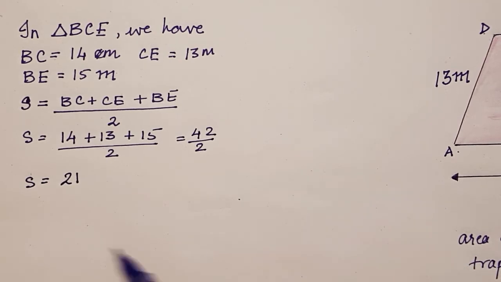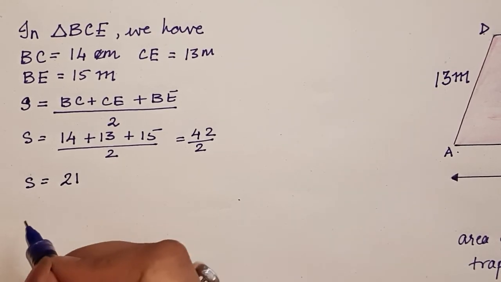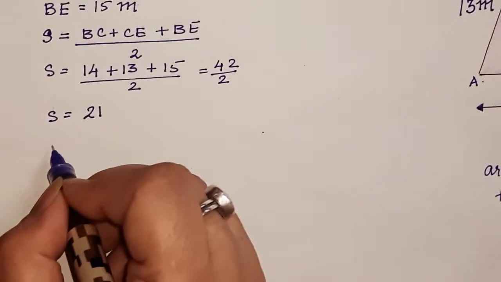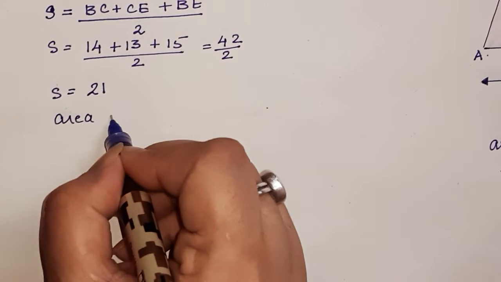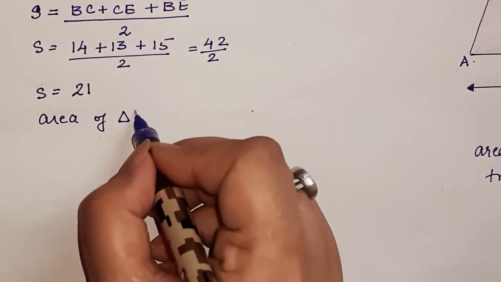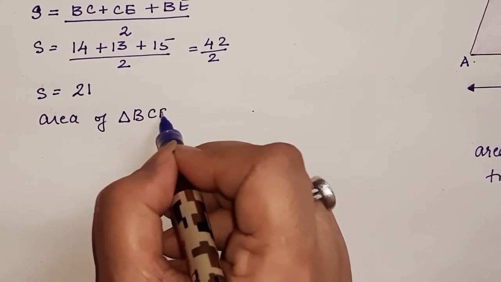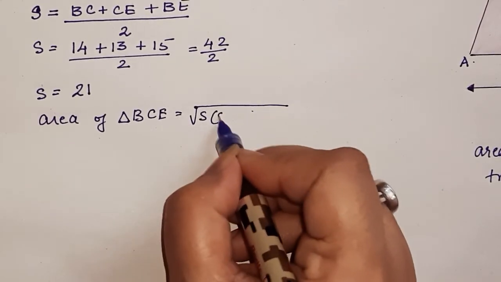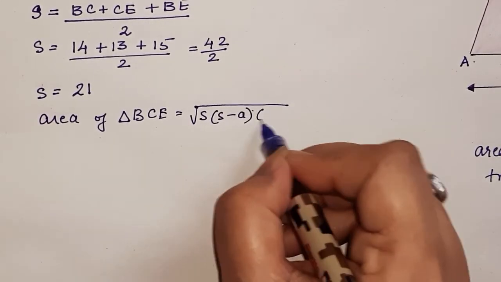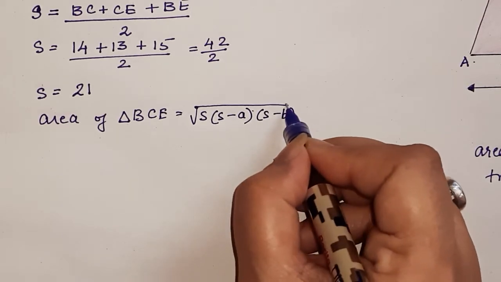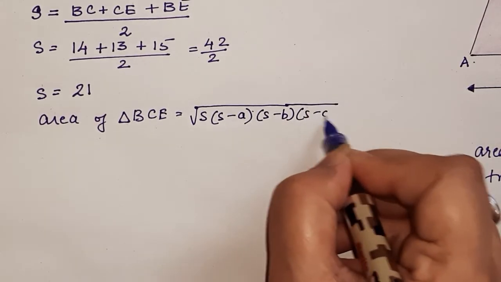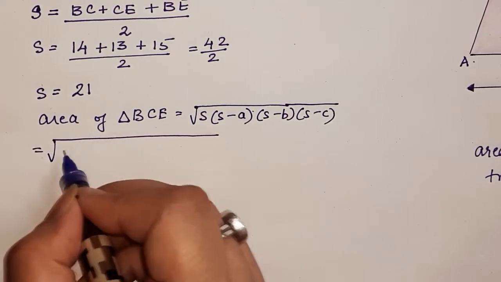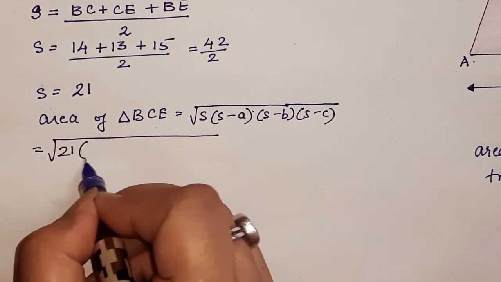Now let us use Heron's formula for finding out the area of the triangle. What is the formula? Area of triangle BCE, by using Heron's formula, is the square root of S into S minus A into S minus B into S minus C. The semi-perimeter is 21.